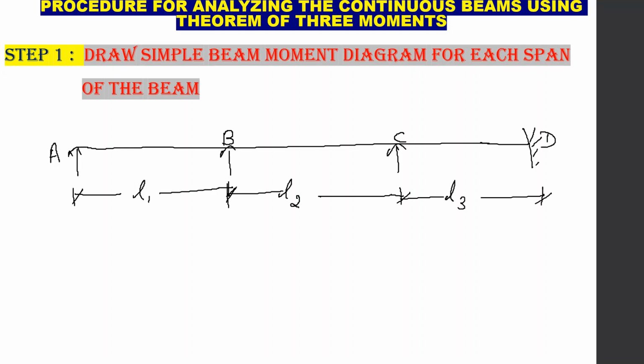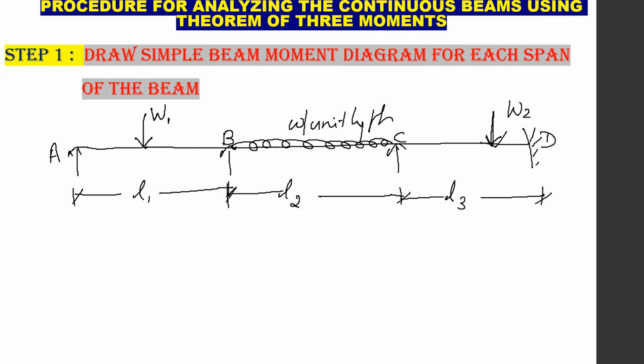Now, there may be uniformly distributed load, there may be a concentrated load at the center of the span or concentrated load not at the center of the span or triangular load or any type of loads. So here for the span AB, this load we will take as W1. For BC it may be taken as W per unit length, and for CD this load can be taken as W2.